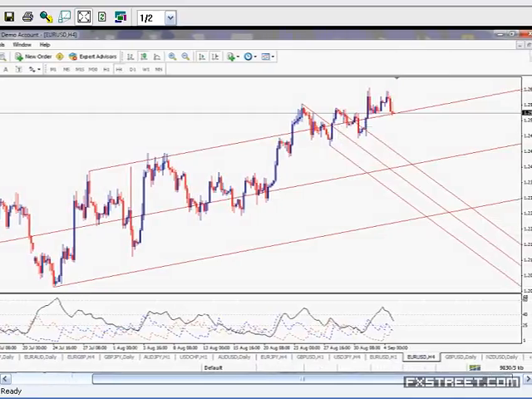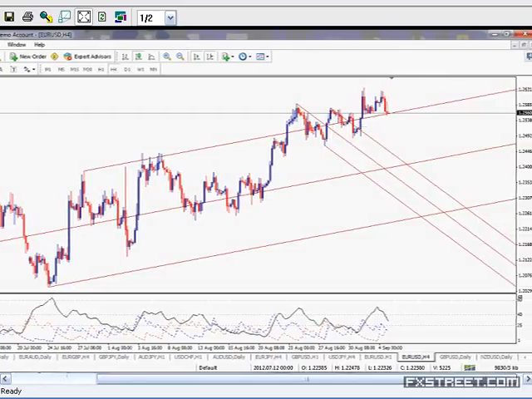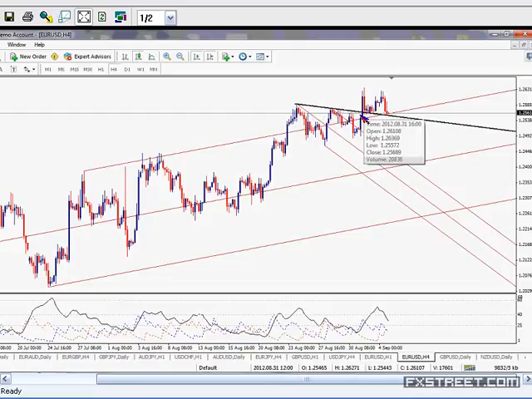A break above that upper trigger trend line, I will draw it right now in this particular case, putting together points 1 and 3, usually stands as a buying signal. If we break above this trend line, the pair's price action will probably extend higher.